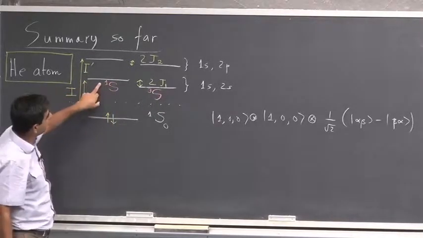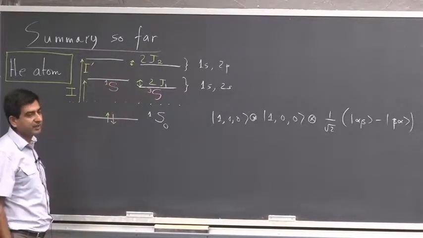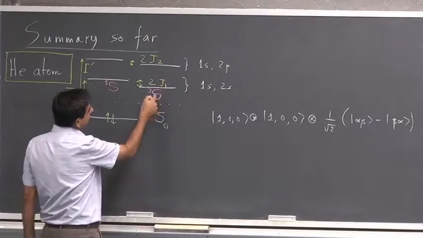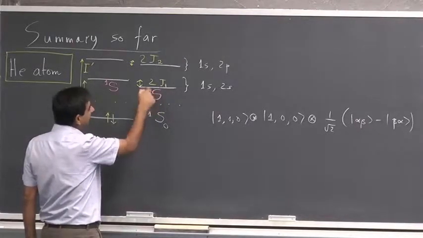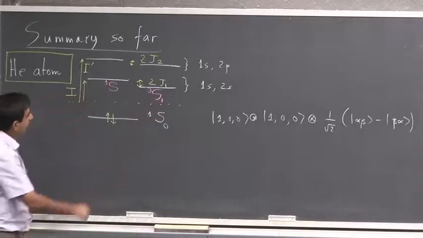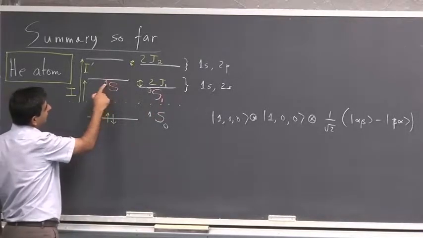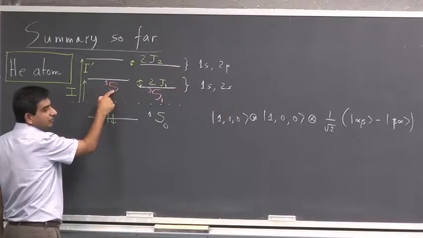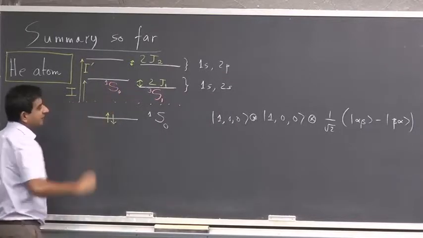For this state, since the spin is 1 and L is 0, we have J equals 1. For this particular configuration, S is 0, L is also 0, so J is 0. So these are the term symbols.